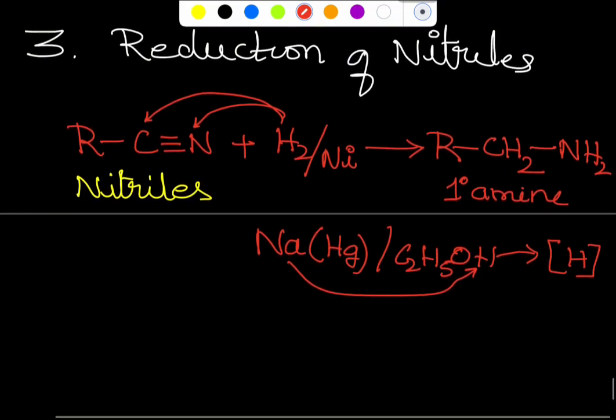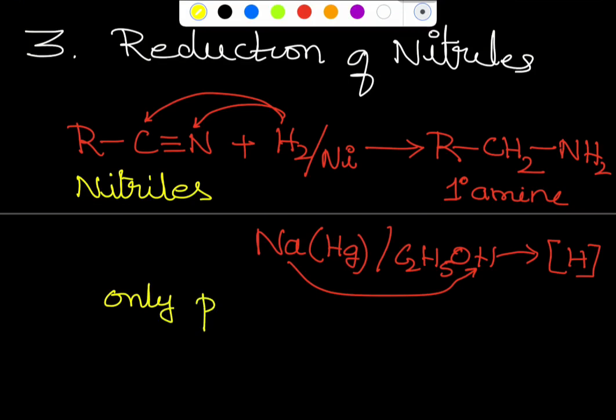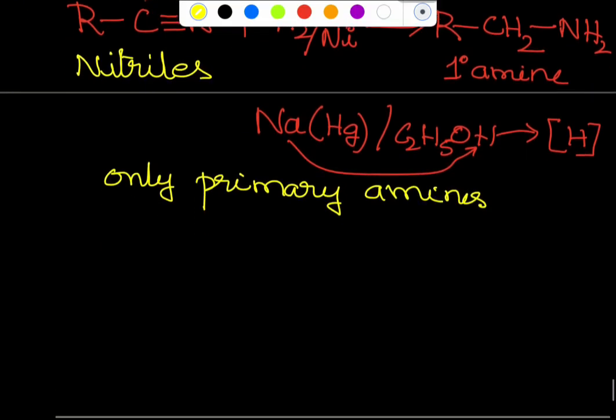So let's give examples for the reduction of nitriles to prepare amines. Here you should remember that only primary amines can be produced in this method.